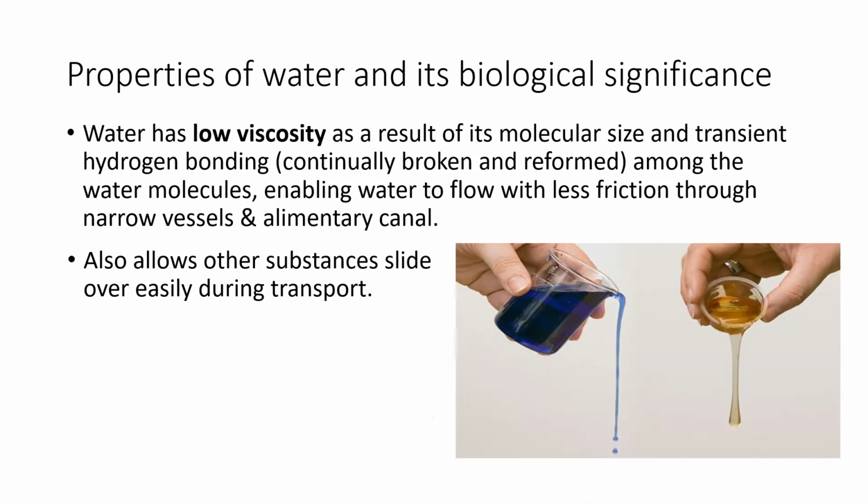So that enables the water to flow with less friction through narrow vessels and the alimentary canal. It also allows other substances to slide over easily during transport within, for example, the blood, where there are many compounds and substances that can be easily transported.